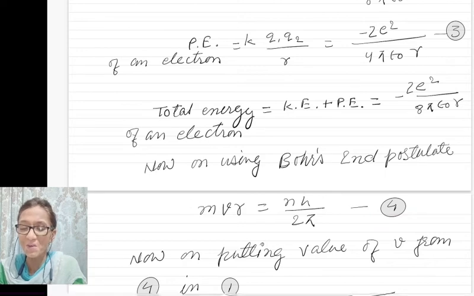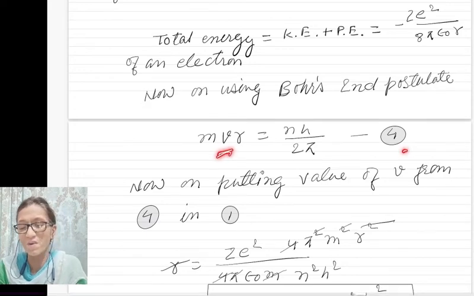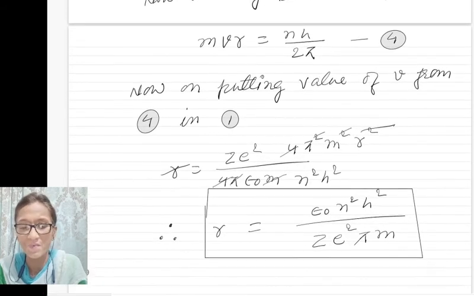So when you use this formula, you can obtain the radius in terms of some constant quantities and also the total energy in terms of some constant quantities. So here, when you put the value of v from equation 4 into equation 1, here you have equation 1, Ze square upon 4 pi epsilon naught, m and v square.